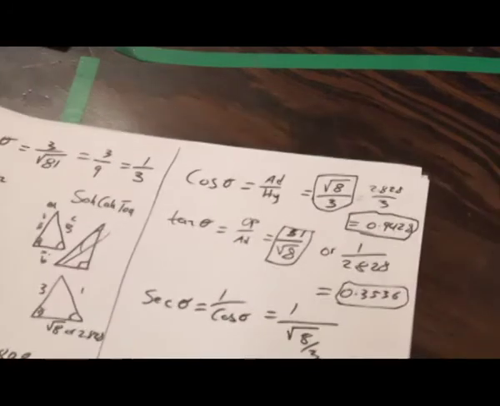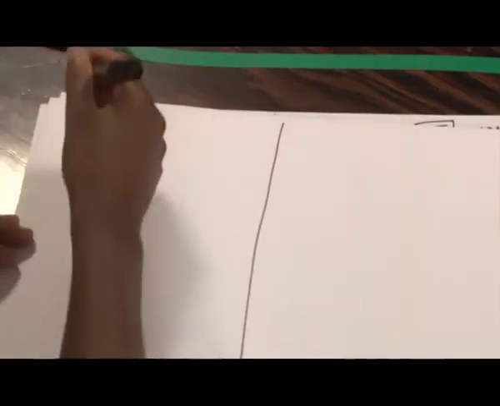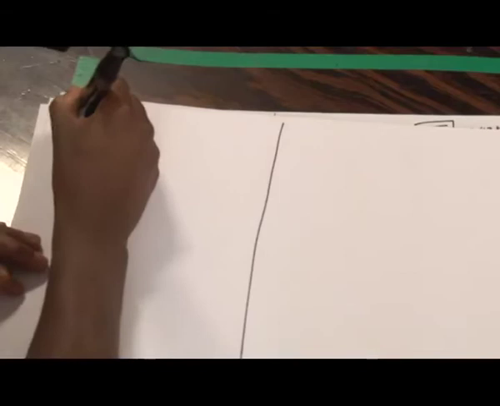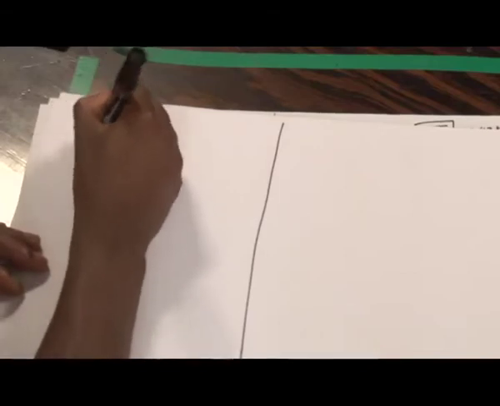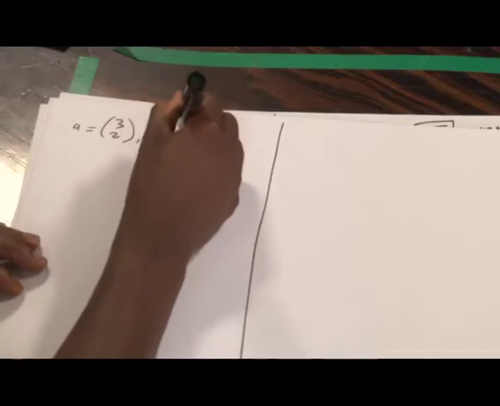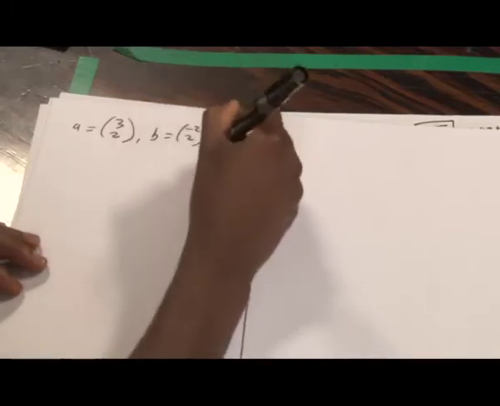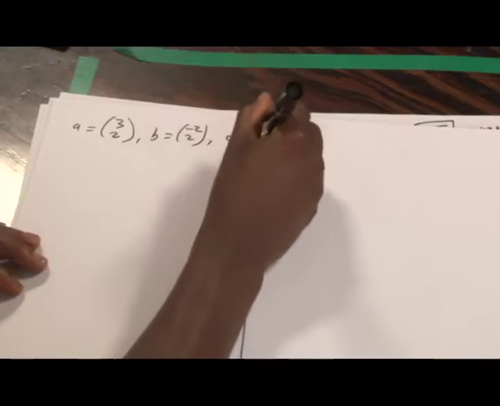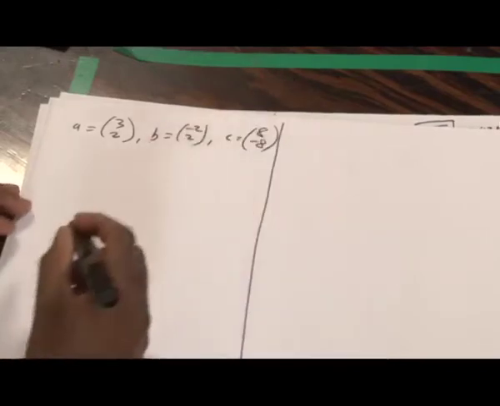Got the next one? Vectors. We are given vectors where A is (3, 2), B is (-2, 2), then C is (8, -8).